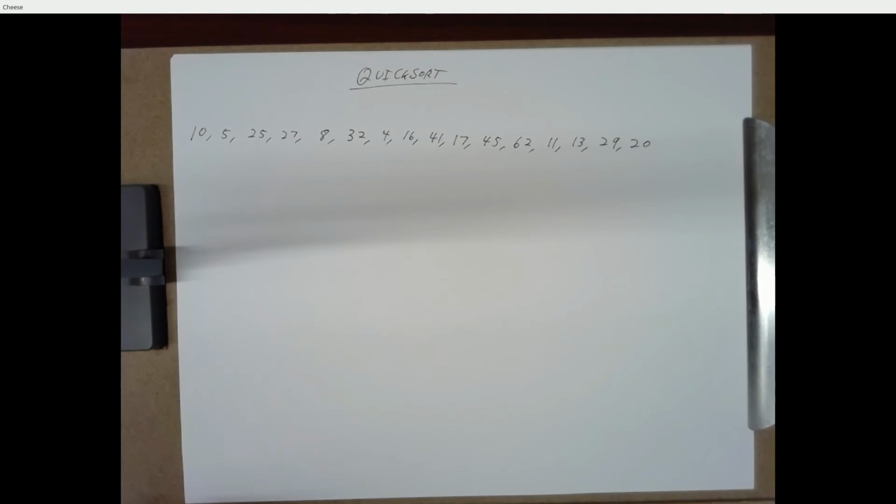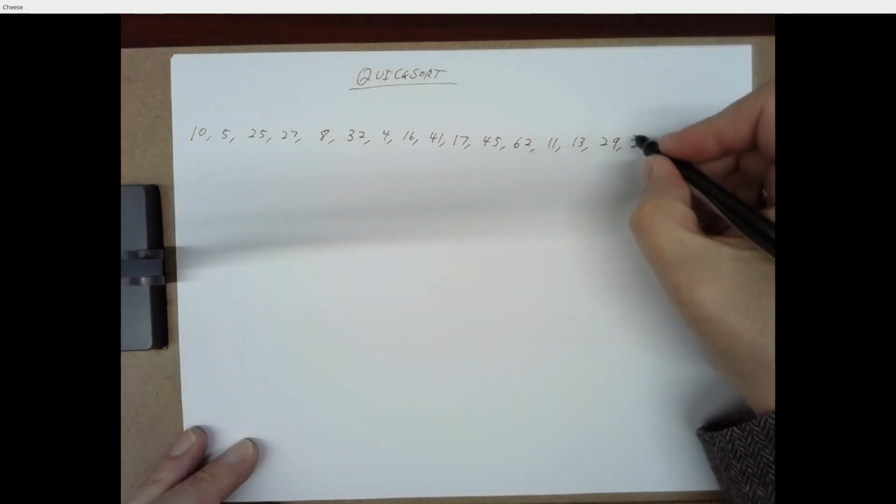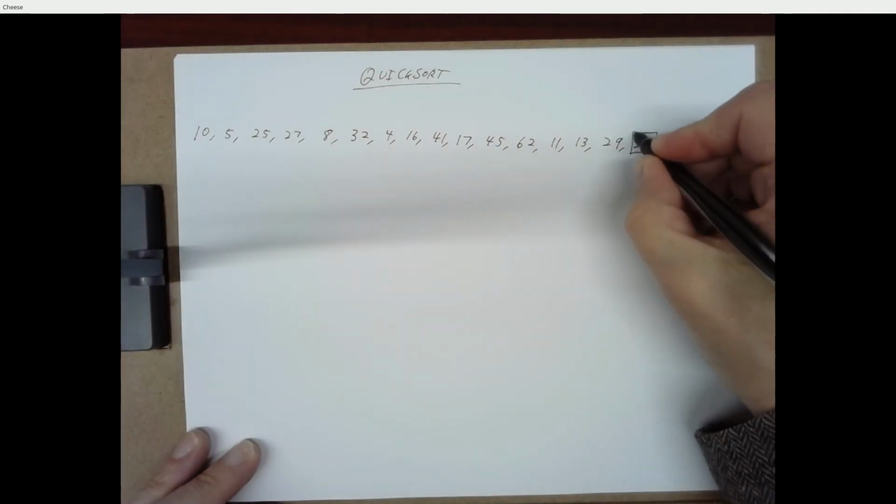Okay, so how does quicksort begin? Choose a pivot. We're going to pick the rightmost.